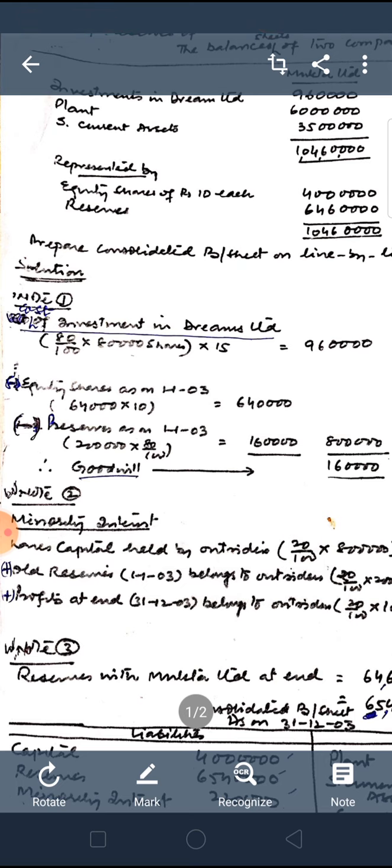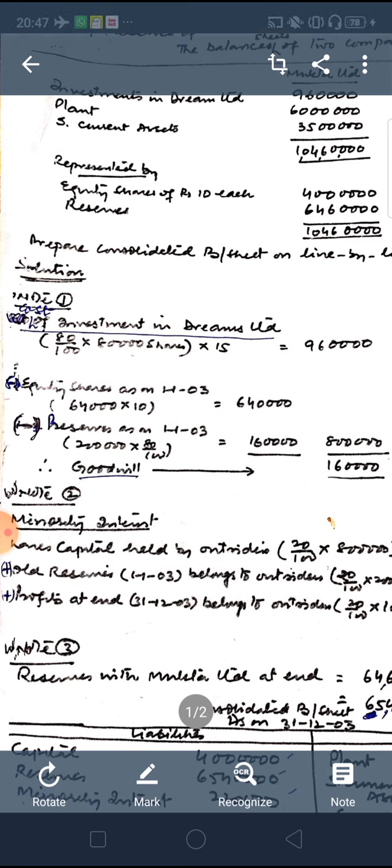So the investment amount becomes 9,60,000. In return, we have got 80% shares of 80,000, that is 64,000 shares, and the nominal value was 10 rupees, so we have got shares worth 6,40,000 rupees.